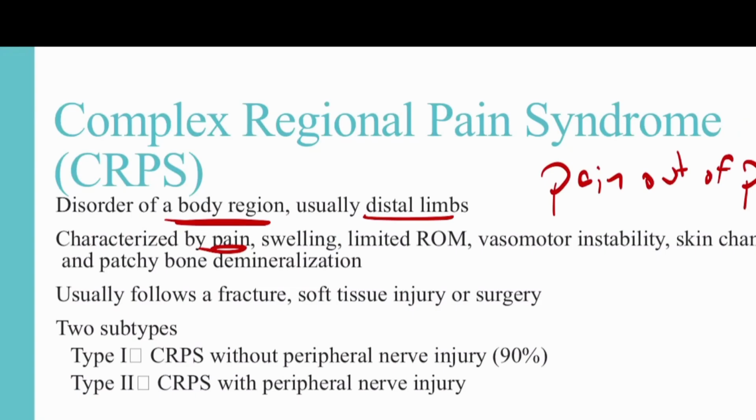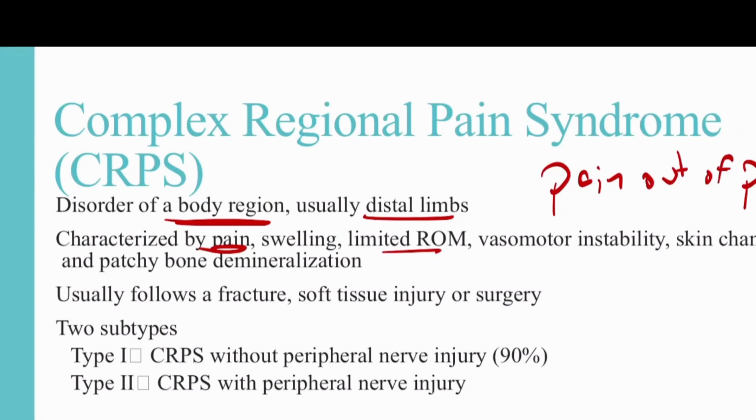They look okay. Imaging doesn't show anything. Labs don't show much, but they're in severe pain in their leg, out of proportion to your physical exam. They should not be in this much pain based off of your physical exam, but they are. That's usually one of the clinical signs to think of when it comes to CRPS. Pain out of proportion.